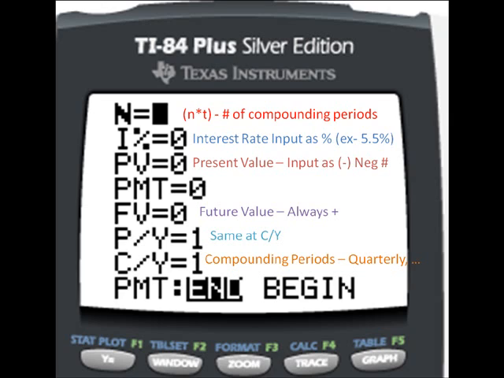The next one, the I percent sign, is where you put the interest rate, and you need to input it as a percentage. So if it's 5.5%, you put in 5.5. Present value, we're going to input as a negative number. A lot of people ask me why you put this as a negative number. Remember the idea of assets and liabilities?